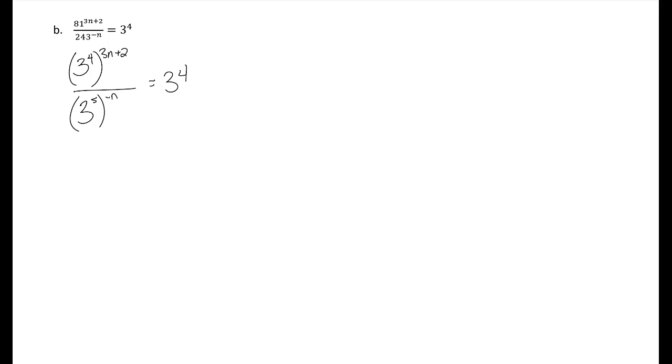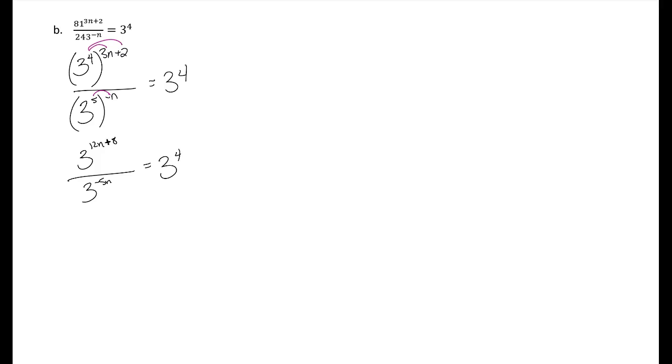From here, I'm going to use a lot of exponent laws, and I'll do them step by step just so you can follow along. I'm going to do my distribution through here. And again, that's multiplying. So I've got 3 to the 12n plus 8, divided by 3 to the power of negative 5n equals 3 to the 4.